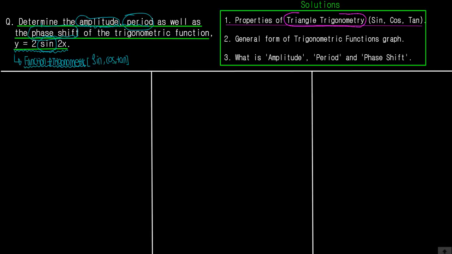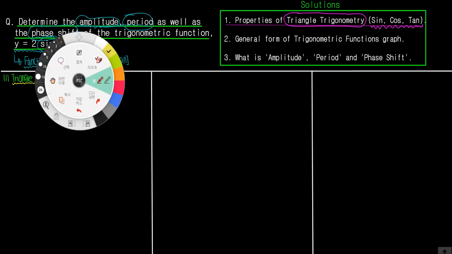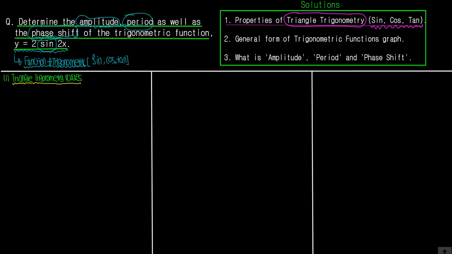What are the things in triangle trigonometry? There will be sine, cosine, and tangent, which are the most important and basic things in trigonometric function problems before we start.